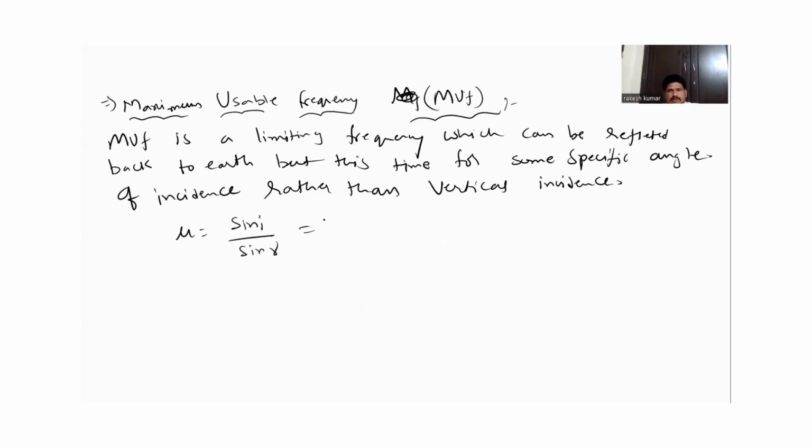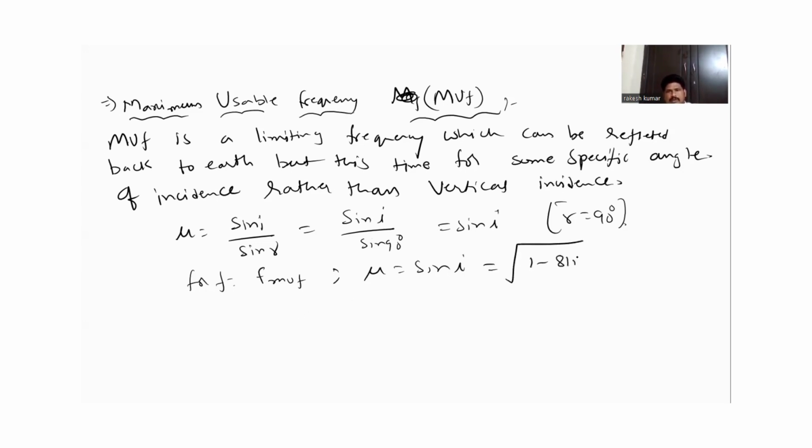Here, since the signal should come back, the angle of reflection is 90 degrees, so sin i by sin 90 degrees is equal to sin i. So for f is equal to f naught, mu is equal to sin i. Therefore, sin i is equal to root of 1 minus 81 N by f naught whole square.